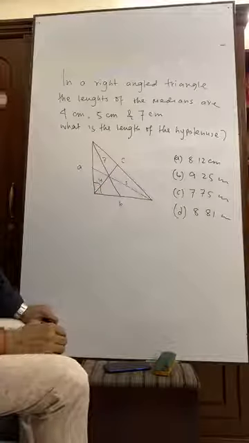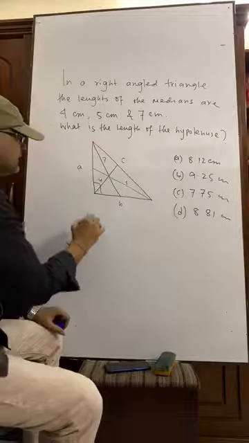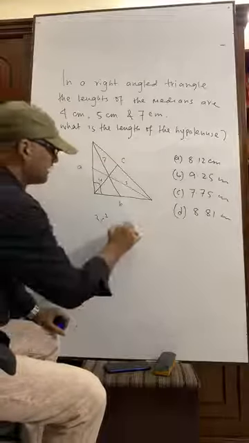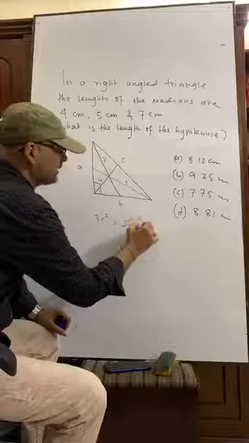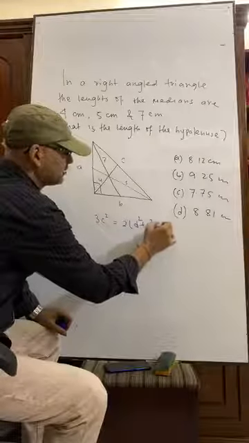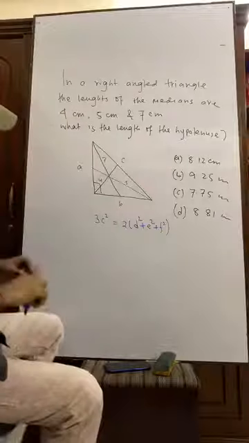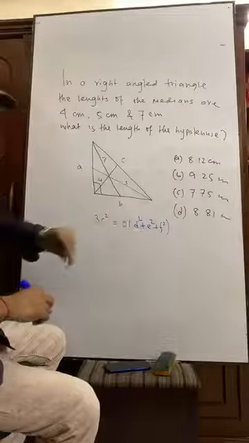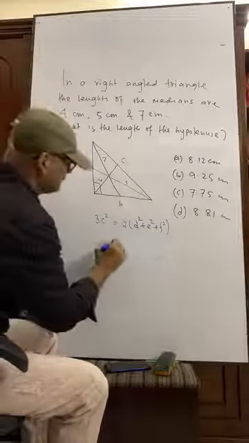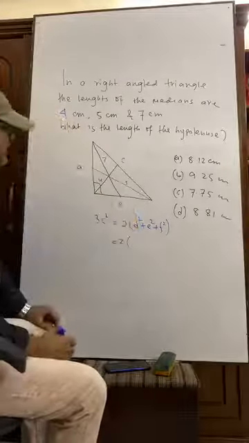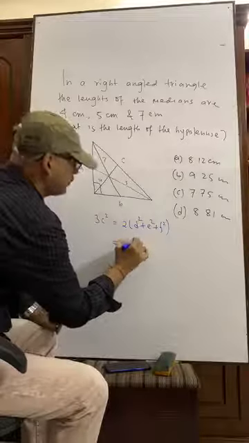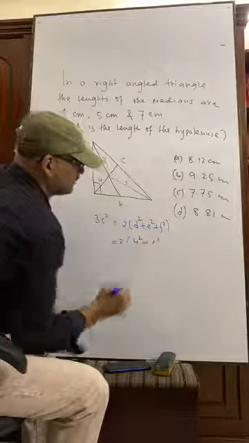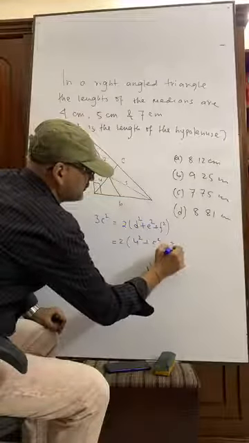What is the formula to determine the hypotenuse? That is 3c square is equal to twice of d square plus e square plus f square. Consider d as 4 square, e 5 square, f 7 square.